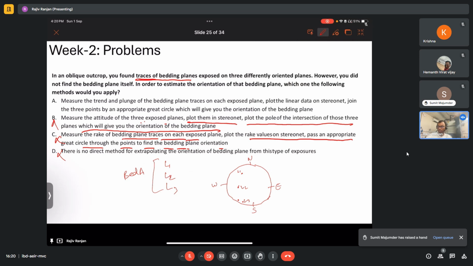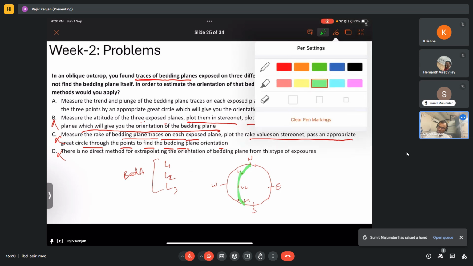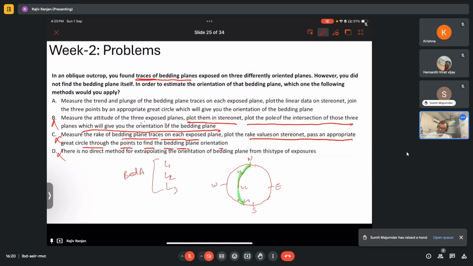L3 plotted here. After plotting these three lineations, you can just trace the following great circle. So this will become your bedding. And once you have this bed, you can easily find out the strike. This will be strike, this will be dip amount. So you will have this.